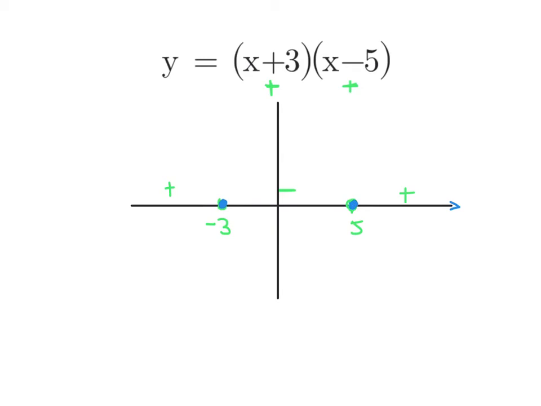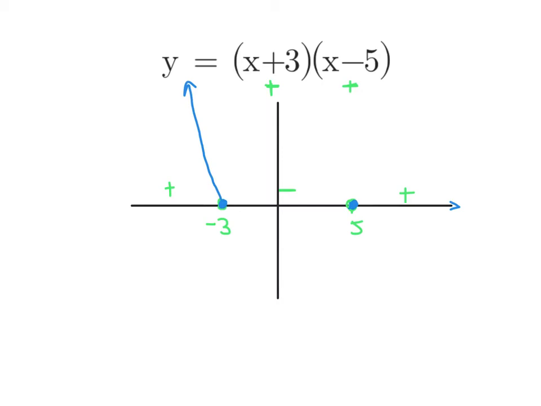Since this is a polynomial, we know polynomials are always smooth and continuous. On the first interval, the part where the x-coordinate is going to be less than -3, we see that every value is positive. And we know that it's going to just keep going up and up and up here. In that middle interval between -3 and +5, we know that the values are all negative.